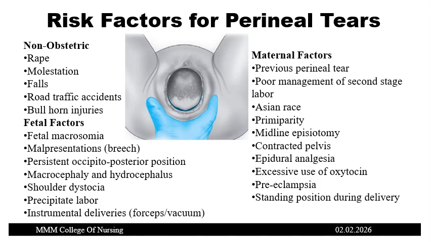The next one is the maternal factors. The risk factors are primary gravida, previous perineal tear, poor second stage management, midline episiotomy, excess oxytocin, and epidural analgesia. So these are the risk factors of the perineal tear.